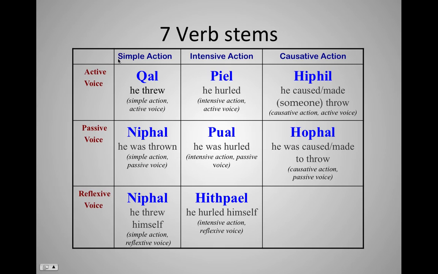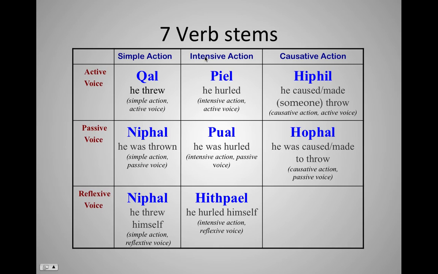It's still a simple action, still basic action. So these are our two simple action stems, cal and nifal. Cal is simple action, active voice. Nifal is simple action, passive voice, or every once in a while simple action and reflexive voice.